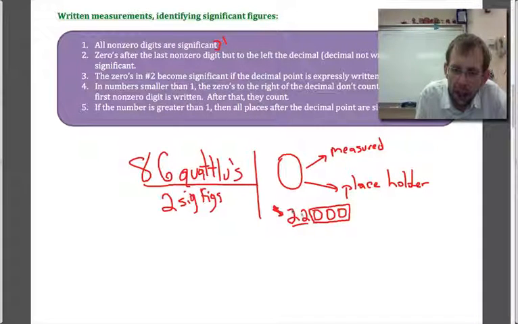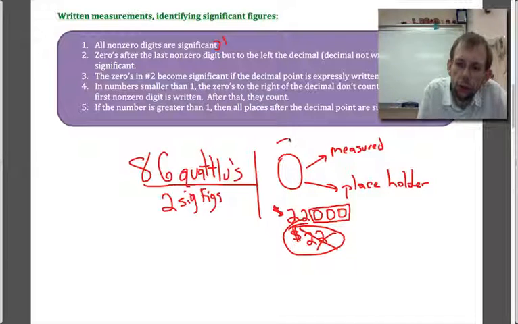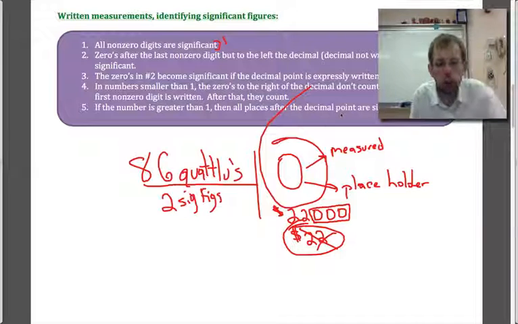I mean, you want your bank account to say 22,000. You don't want your bank account not to have those zeros, right? If you like that, then I'll take the other $21,978 that you don't want. So that is not representative of 22,000. So this freaking zero is a pain.